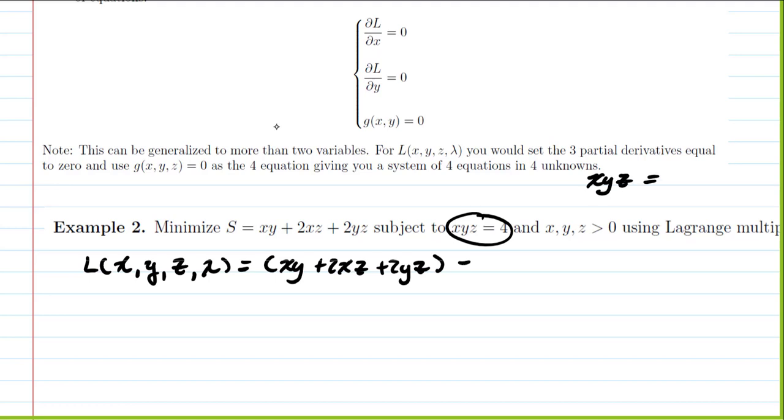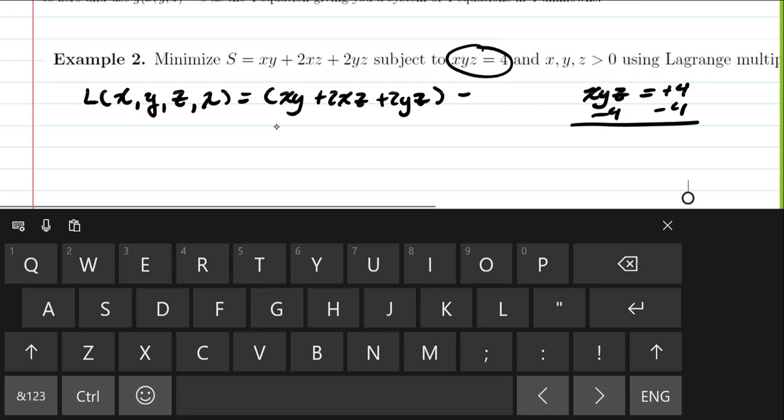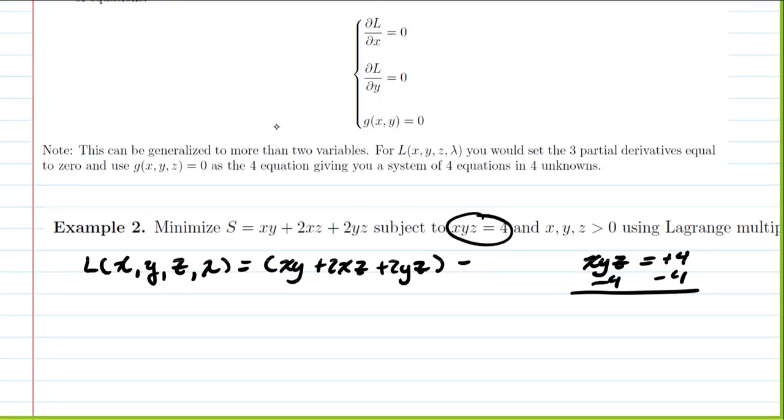So xyz equals 4, so we would subtract 4, and that would give us that xyz minus 4 is equal to 0. Then this would be our g of x,y,z.